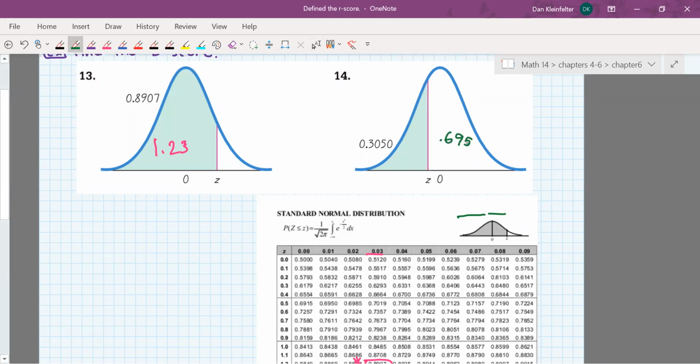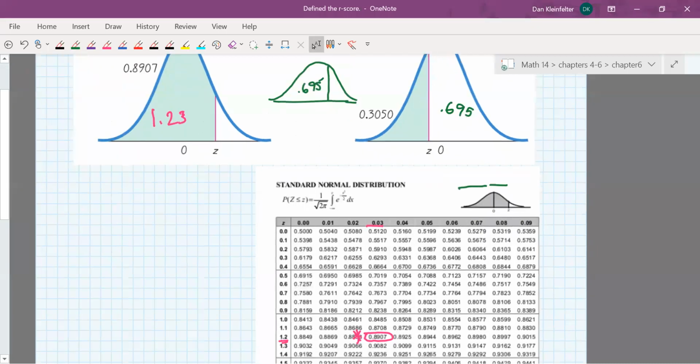So then, let's redraw this so that there's a positive z. We have a probability of 0.695 associated with a positive z.